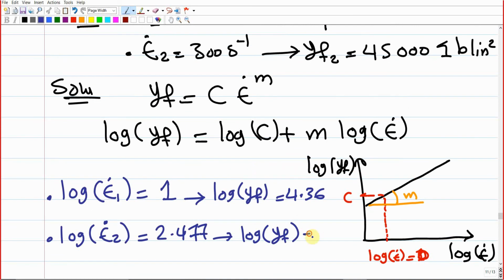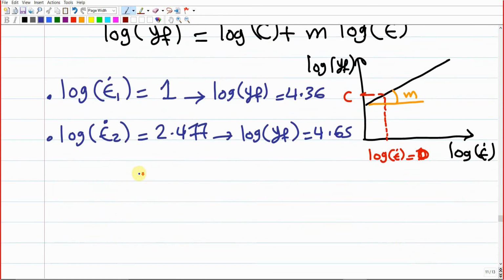This is going to give us 4.65. All right? So simply, we already have two points: when the log epsilon dot equals 1, this corresponds to 4.36, and when it becomes 2.477, we end up with 4.65, right?